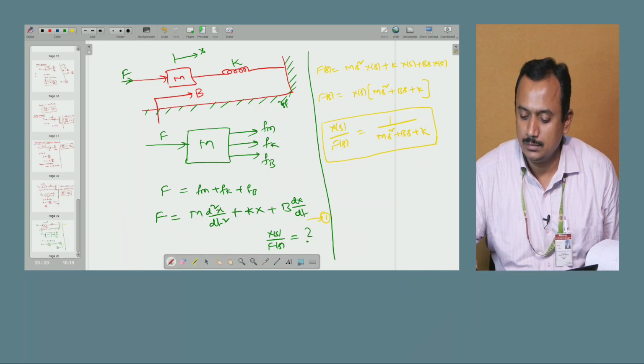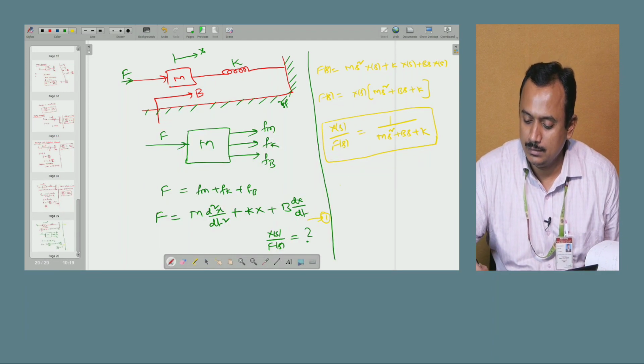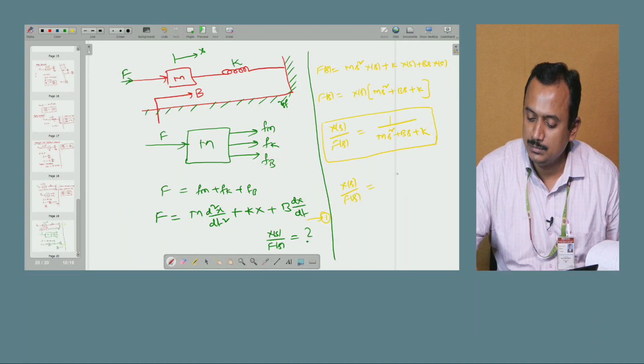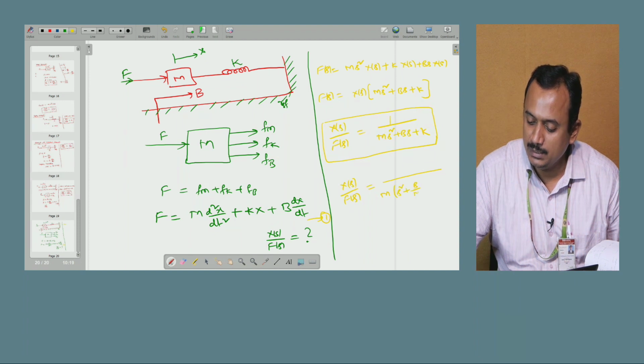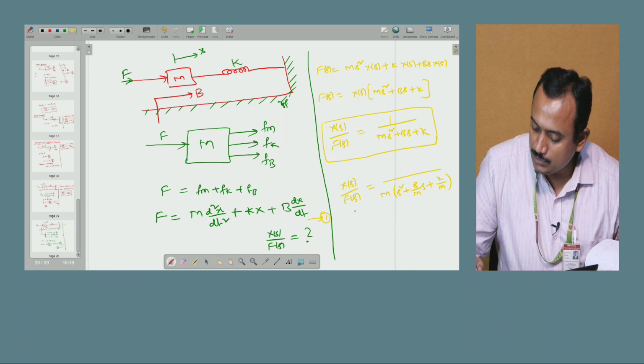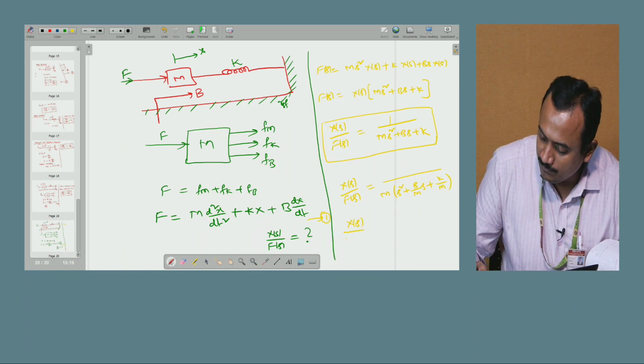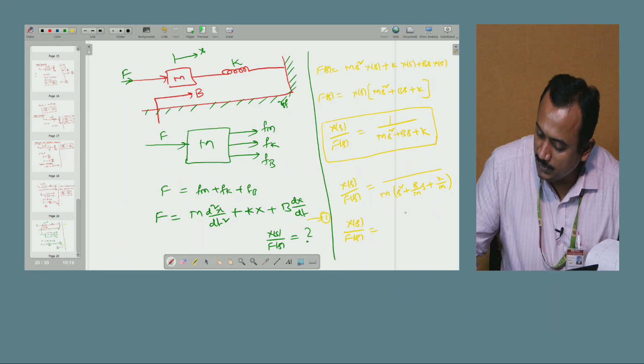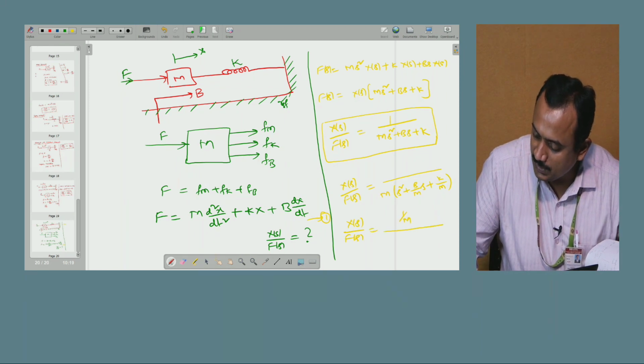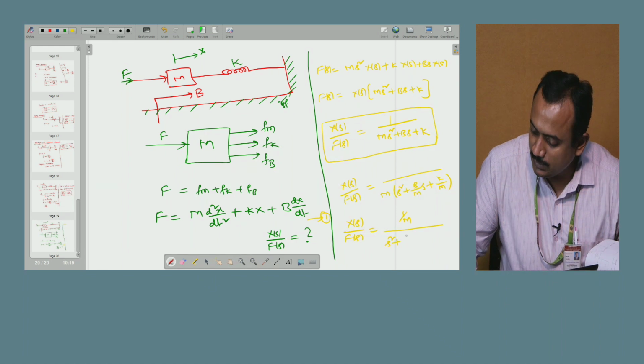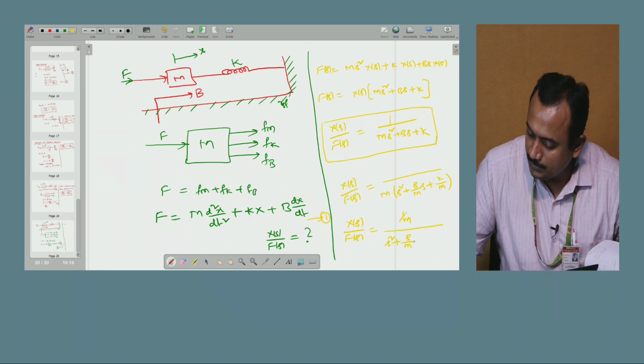Now if I make the s square term 1, if I take m common, it becomes s square plus b by m into s plus k by m. So finally x of s by F of s becomes 1 by m, by s square plus b by m into s plus k by m.